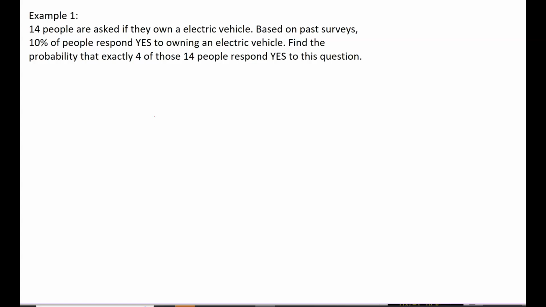So let's determine what our values are. For this equation, we need to know n, and we want to know x, and p, and q. So n is the total number of identical trials. 14 people are asked the same question, so that's going to be 14.